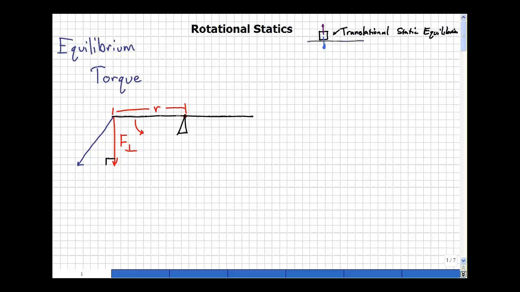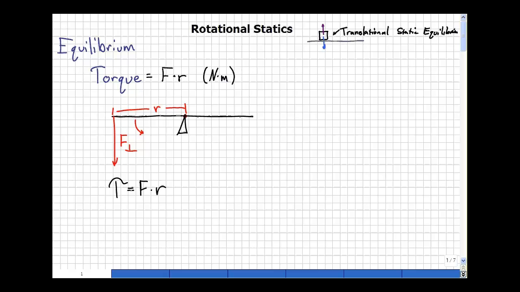So if you know the angle, you can always determine the perpendicular component of force with respect to the radius. So torque is equal to force times radius. And the units will be newtons times meters, or newton meters. More simply put, torque, we're going to use a funky t to represent this. It's actually the Greek letter tau, and it is equal to force times radius.